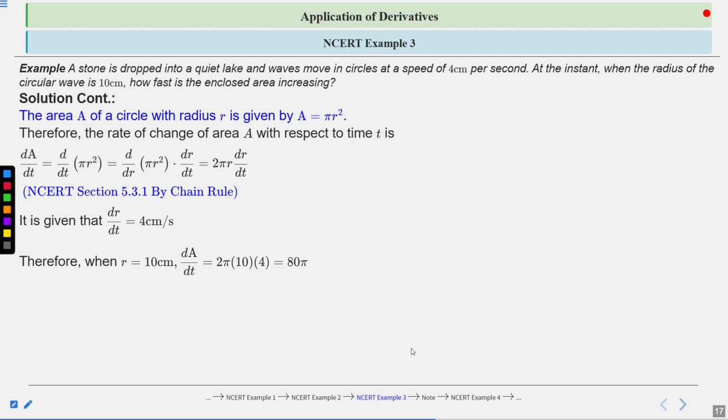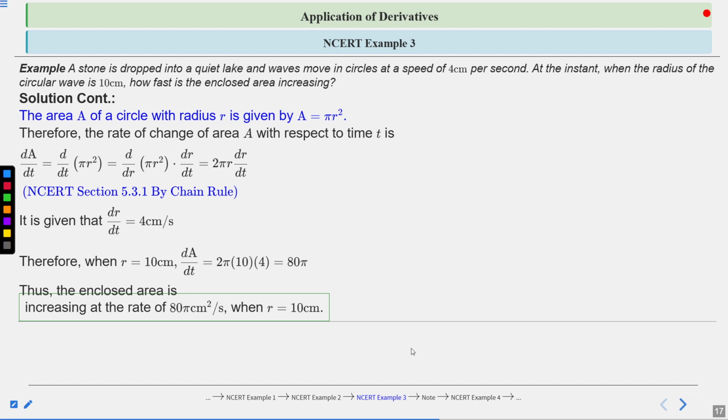Thus, the enclosed area is increasing at the rate of 80 pi centimeter square per second when r is equal to 10 centimeter. Clear? So in this way, you can say that the enclosed area is increasing at the rate of 80 pi centimeter square per second when r is equal to 10 centimeter.